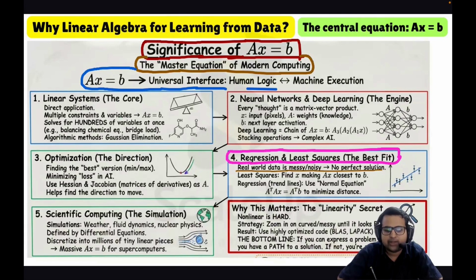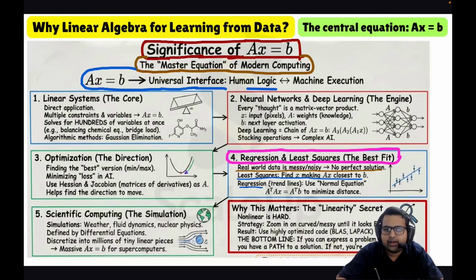Least squares is a technique to find X, making Ax closest to B. It is a method of determining the unknown X, so that when we multiply it with A, we get not exactly B, but close to B.